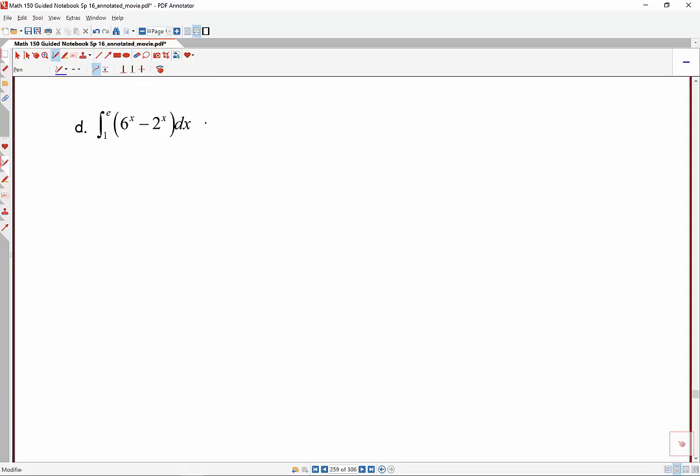We'll have 6 to the x over natural log of 6 minus 2 to the x over natural log of 2. That's going to be evaluated from x equal to 1 to x equal to e. Cool so far? Great.